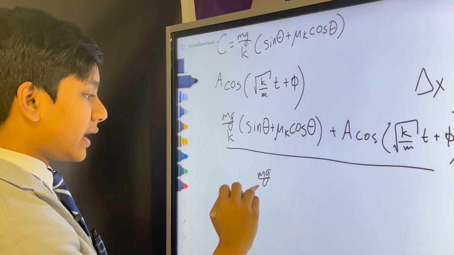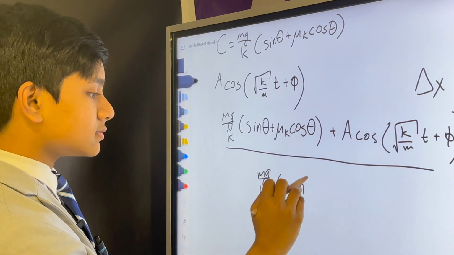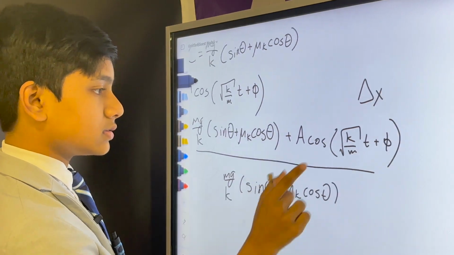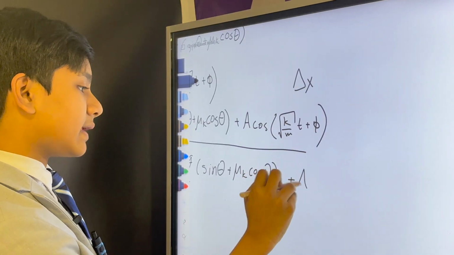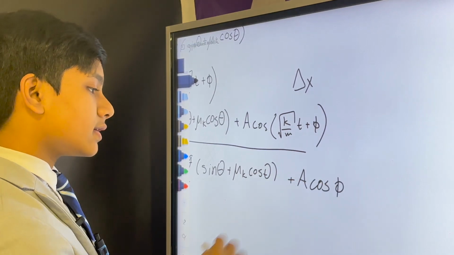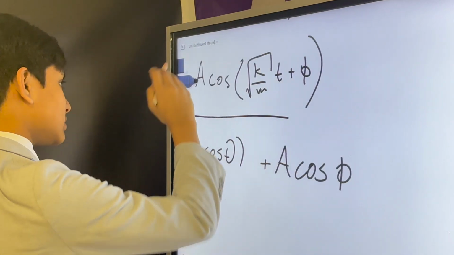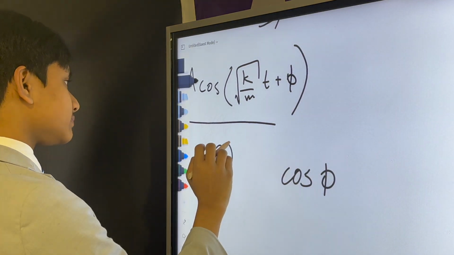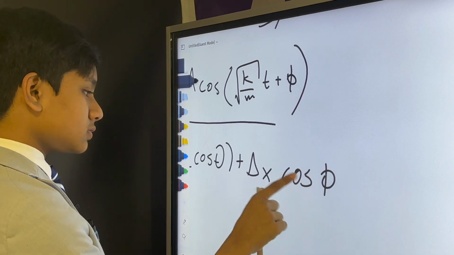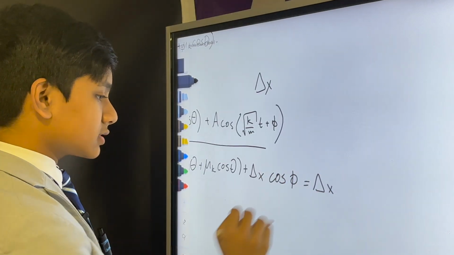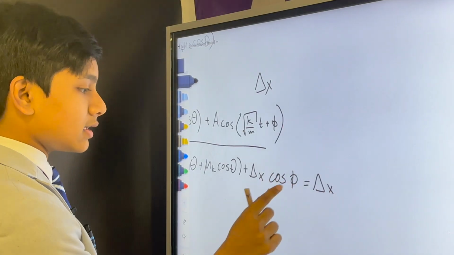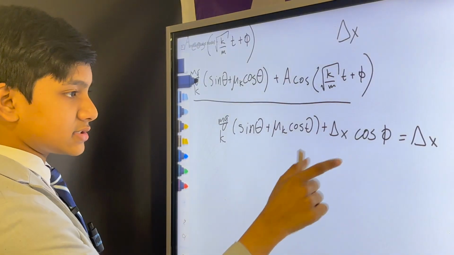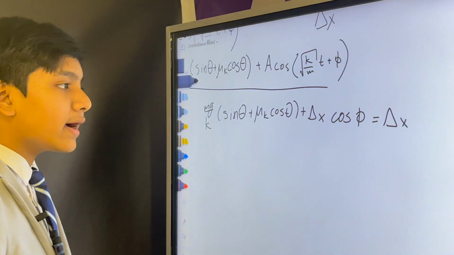This is not time dependent, so it doesn't really change. Now this is 0, which means we get plus a cosine phi. And the amplitude has to be, of course, delta x. So this has to be equal to delta x, which of course allows you to solve for the phase by just isolating cosine of phi.